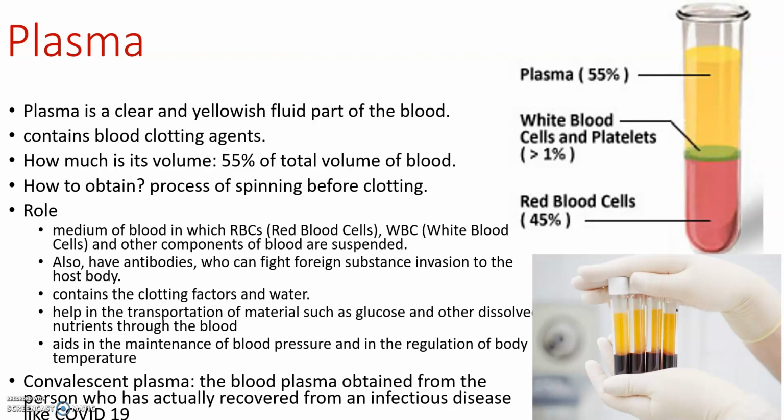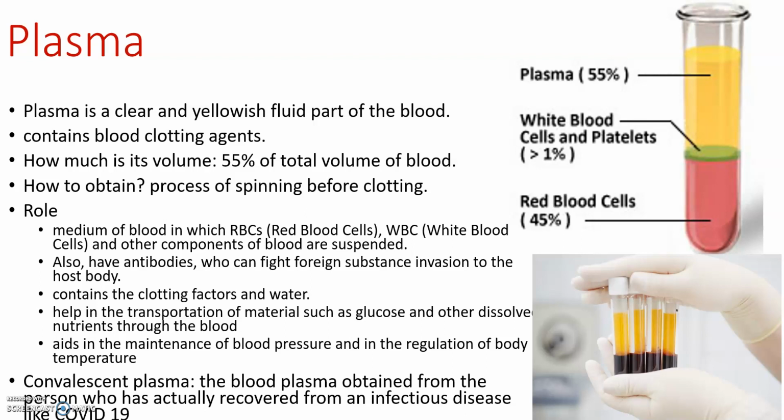We can obtain it by the process of spinning or centrifugation before the blood actually clots. So we add anticoagulants to the blood once we obtain it and then spin it or centrifuge it so as to obtain the plasma. What is its role? It is actually the medium of blood in which RBC, WBC and other components of blood are suspended.